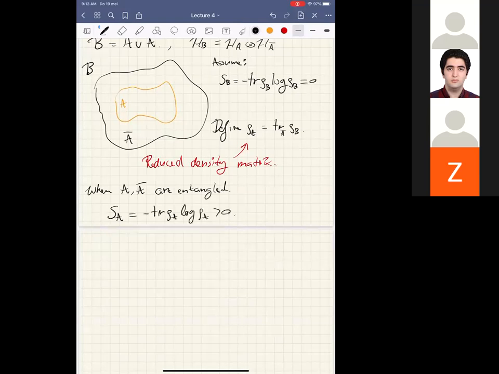So we can think of this von Neumann entropy as a measure of the amount of entanglement between these two subsystems, and that's the reason why we typically also refer to it as entanglement entropy. It gives you a measure of how much entanglement there is between these two regions, or said differently, how much information you trace out when you are tracing over this complementary region.